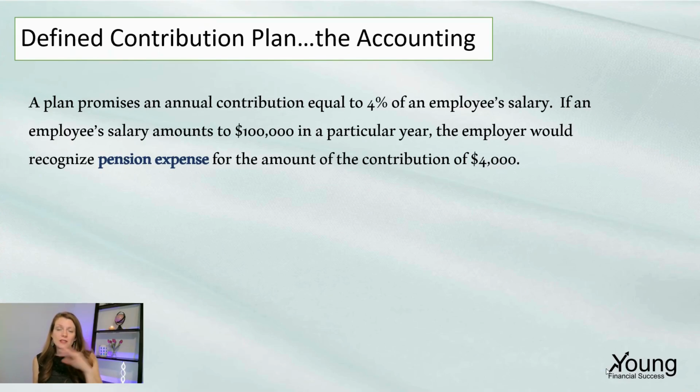So this is just an example. If a plan promises an annual contribution that's equal to 4% of the employee's salary, and the employee makes $100,000 in a year, the employer would recognize pension expense for the $4,000. So they said, as the employer, we will match 4%.